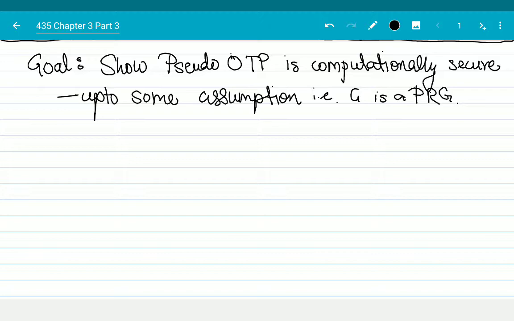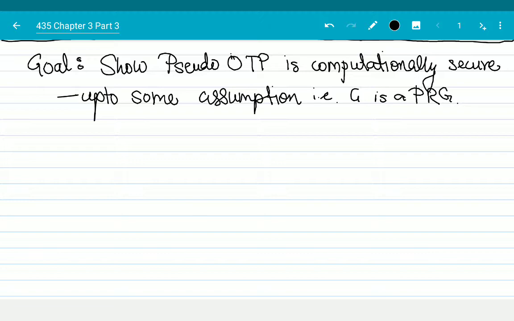Based on that, today we are going to show that this pseudo OTP is then computationally secure.